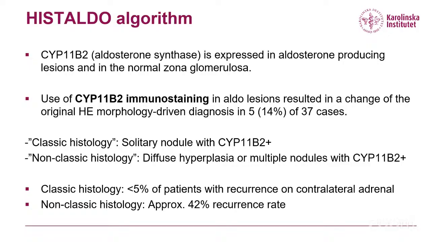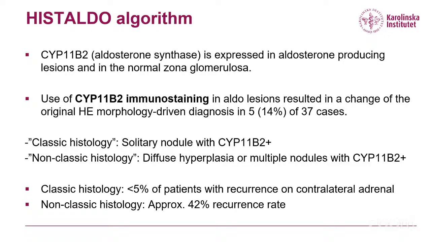And the authors decided to call this classic histology or non-classic histology, in which classic histology is a solitary nodule with CYP11B2 immunoreactivity. These patients were cured in more than 95% of cases, which is really good to know.